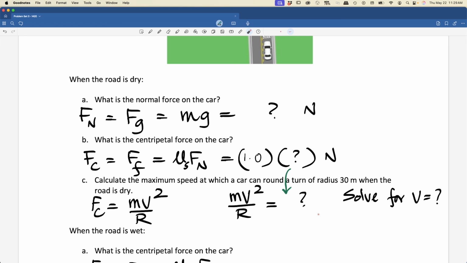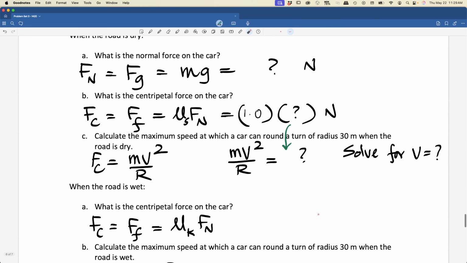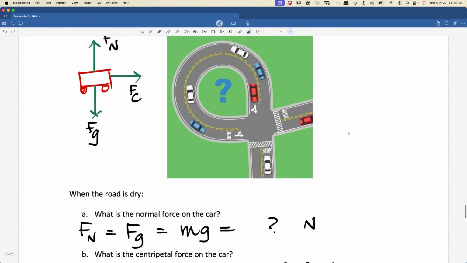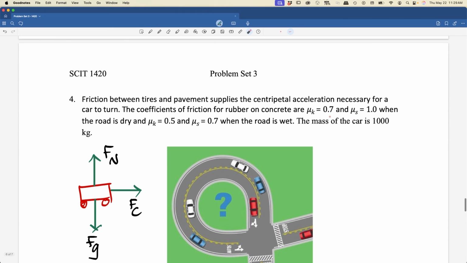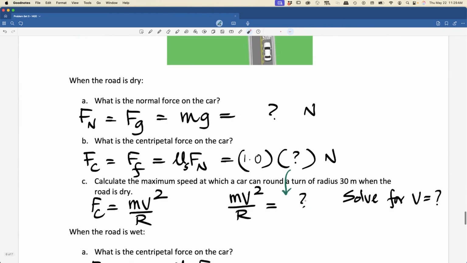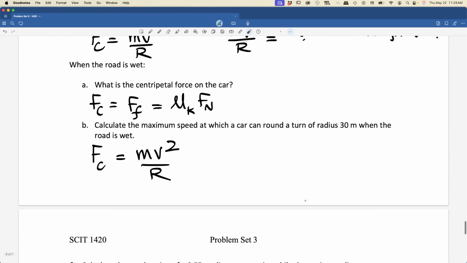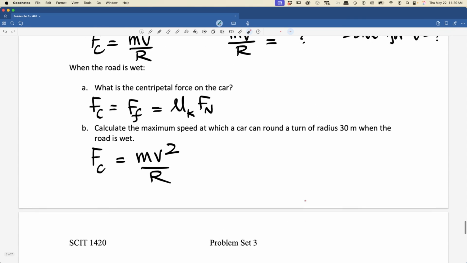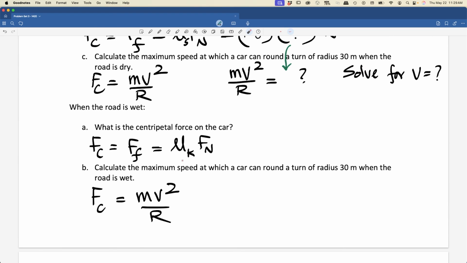Put those two numbers here and solve for the velocity. Alright, so we have to do the same thing when the road is wet. When the road is wet, what is the centripetal force? It's mu k Fn. When the road is wet, what was the value of mu k? It's 0.5. So hopefully I've used the correct number here. I did not put the numbers, but you have to use 0.5 times F sub n.